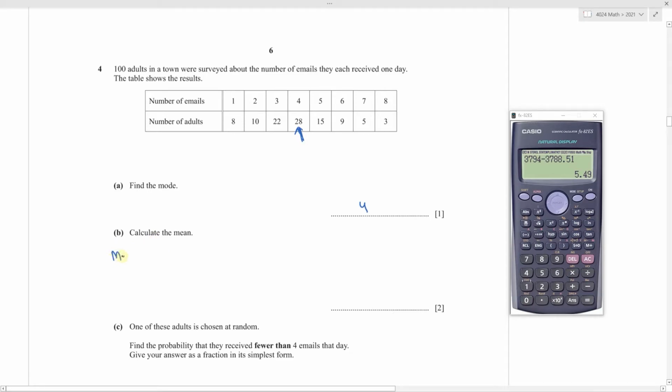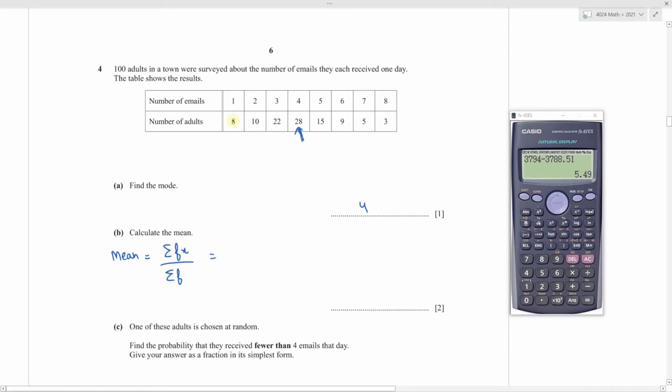Calculate the mean. So mean will be your sigma fx over sigma f. So this is the sum of this product. You're multiplying frequency with the value and then adding all of them together.